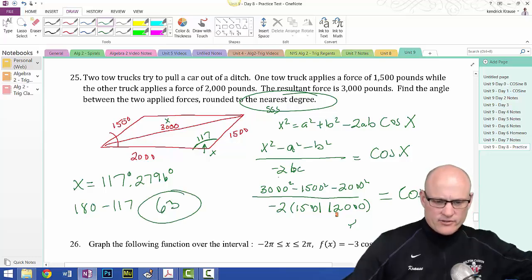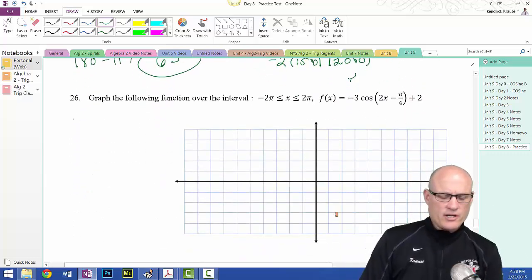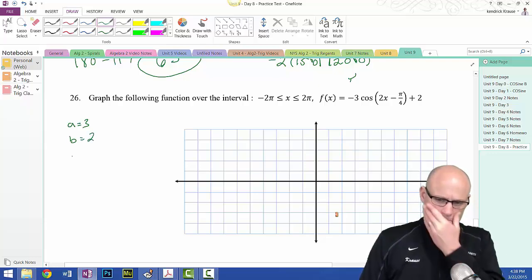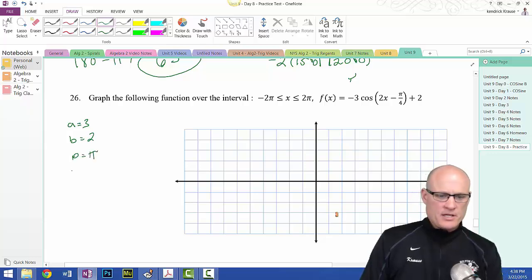I don't actually have an answer key for the rest of them because they're problems I added on later. I just want to make sure, because they are going to be on the test, that you know how to do these. So my A equals 3, my B equals 2, my period is pi, my scale is going to be pi over 4, my C is pi over 4, and my D is 2.